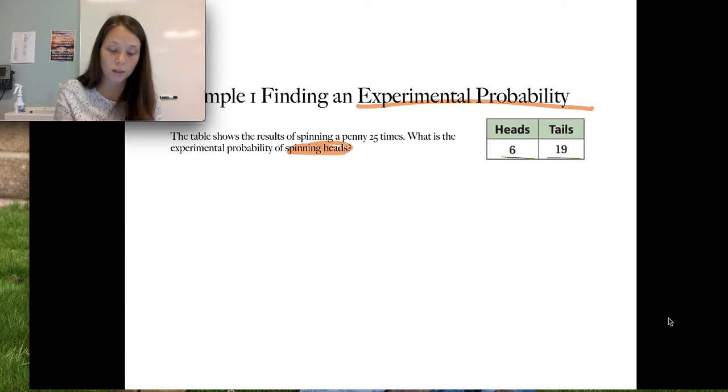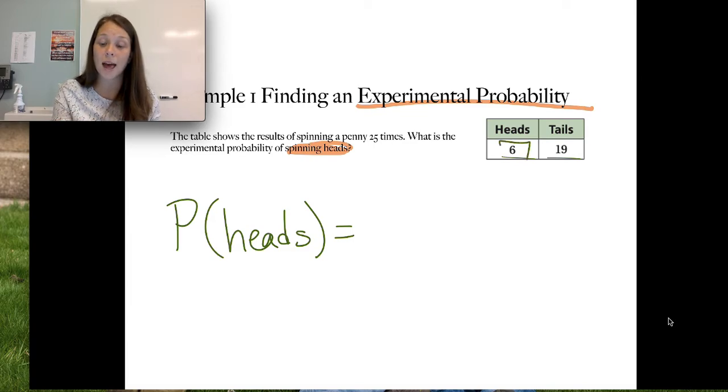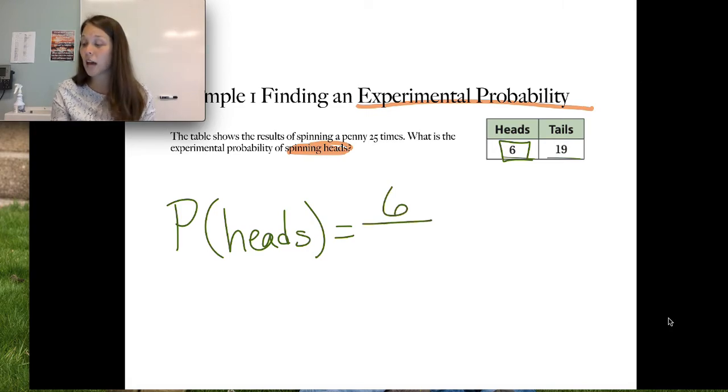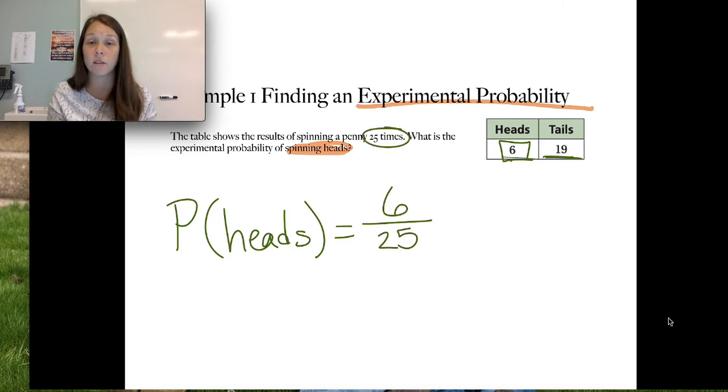When we write this out, we use a capital P that stands for probability, and it's the probability that we get heads when we spin the penny. The total number of times we got heads, according to this table, is 6. The denominator is the number of times we spun the penny altogether, whether we got heads or tails. If we take 6 and 19 and combine them, we get 25, or it says in the problem that we spun it a total of 25 times.